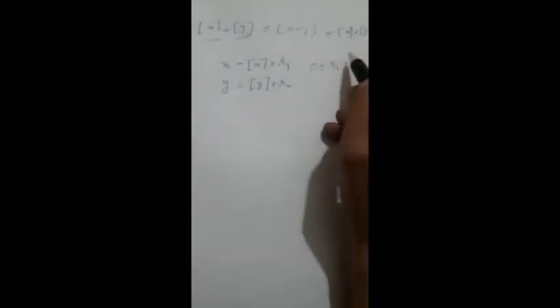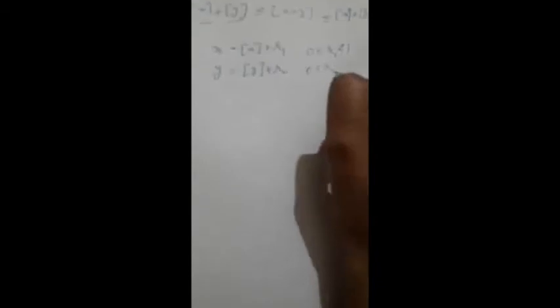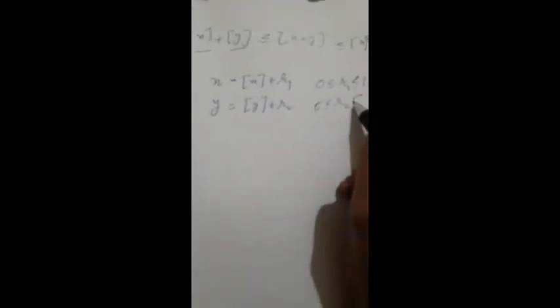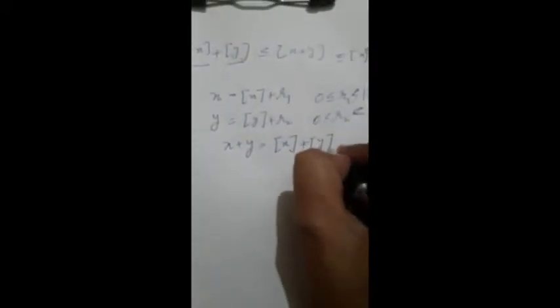We write x as greatest integer x plus r1 and y as greatest integer y plus r2, with 0 less than or equal to r1 strictly less than 1, and 0 less than or equal to r2 strictly less than 1. Adding x and y, x plus y can be written as greatest integer x plus greatest integer y plus r1 plus r2.